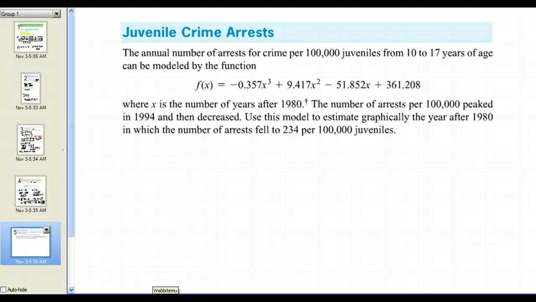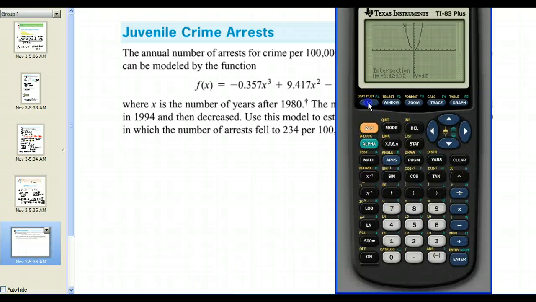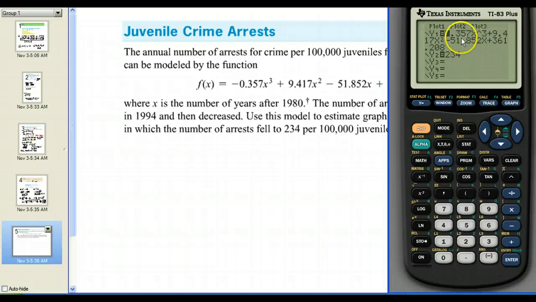So we're going to do just like we did a second ago. In the first one I put the original function, and in the second one I put the corresponding value. I've got the original function in my y1, and the 234 in my y2. For my window, notice 0 to 35. x is years after 1980, and it's 2012 now, so I just made it go to 2015.